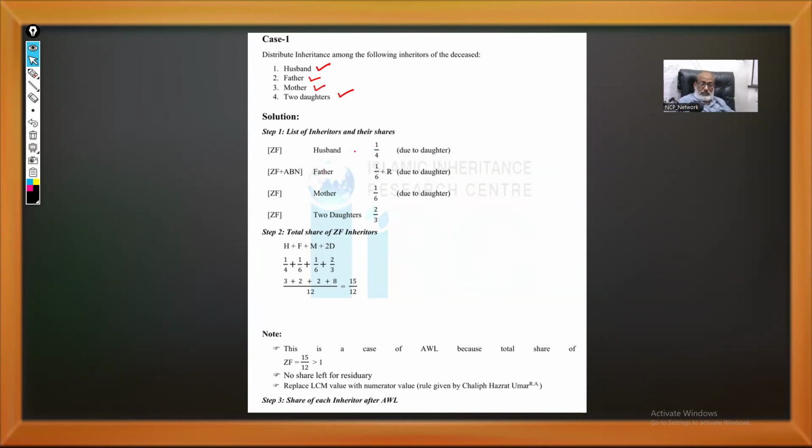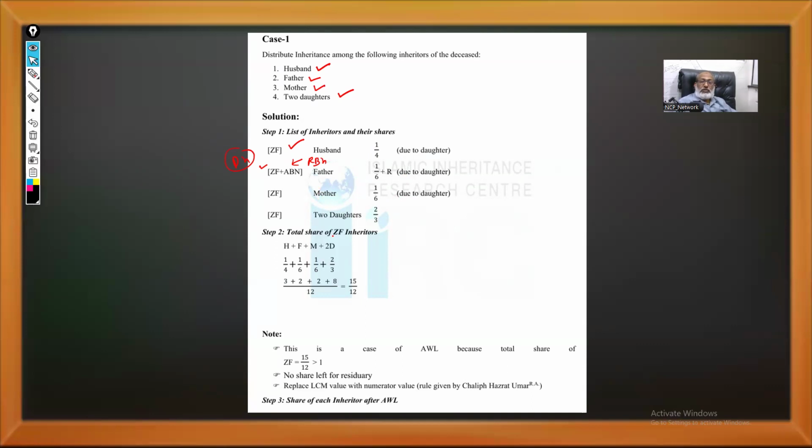In this case, the husband is a primary heir, the father is a primary heir, the Zabil Furuz are primary heirs, and the father is also a residuary by himself. So the father will get a share twice: 1/6 plus any residue left. The share of the mother is 1/6 due to the presence of the daughters, and the share of two daughters is 2/3.